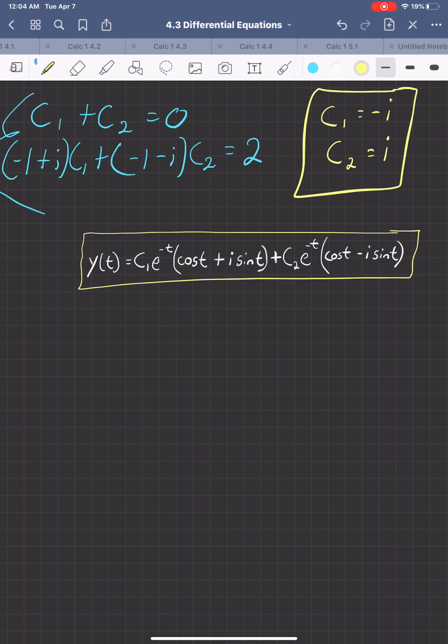You were missing the values of c sub 1 and the values of c sub 2. But now you have them. So you're done. That is the particular solution. If you were to look this up in the back of the book, it would have the particular solution written like this.